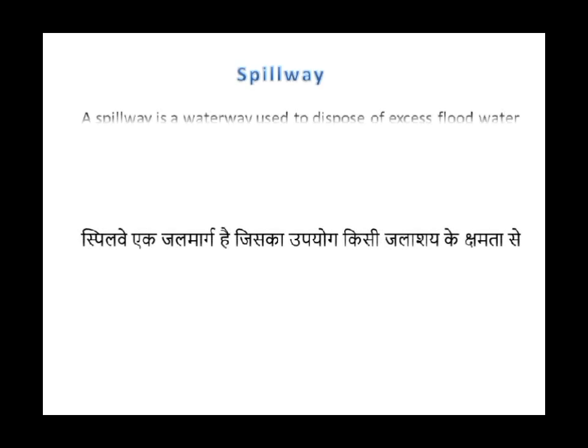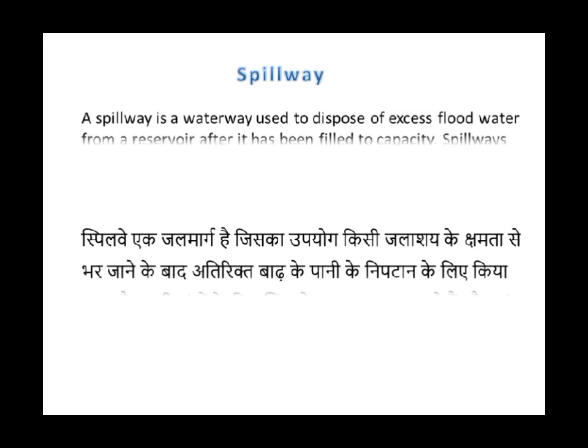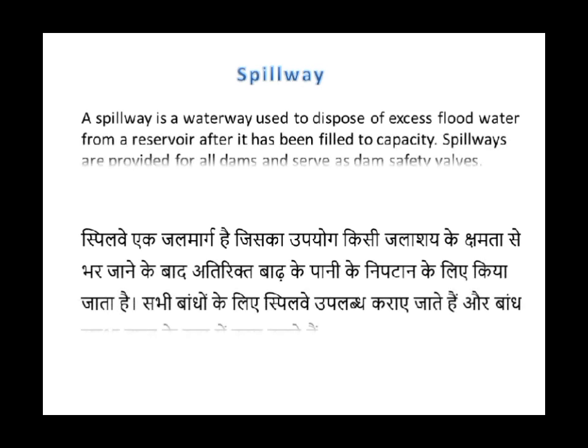A spillway is a waterway used to dispose of excess flood water from a reservoir after it has been filled to capacity. Spillways are provided for all dams and serve as dam safety valves.